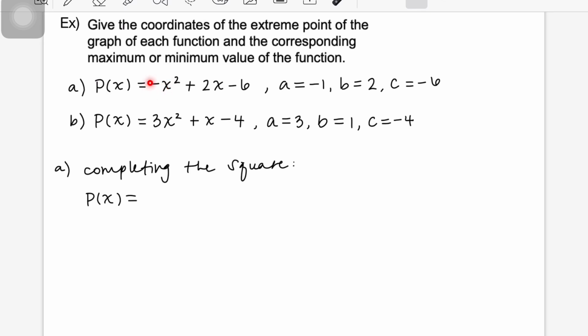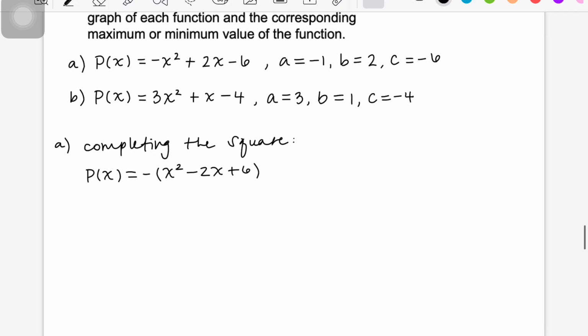And so we're going to divide both sides of this equation by whatever that a is. So we're going to pull out a -1 from each term here, and then divide both sides by -1. So we end up with p of x over -1 is equal to x squared minus 2x plus 6.